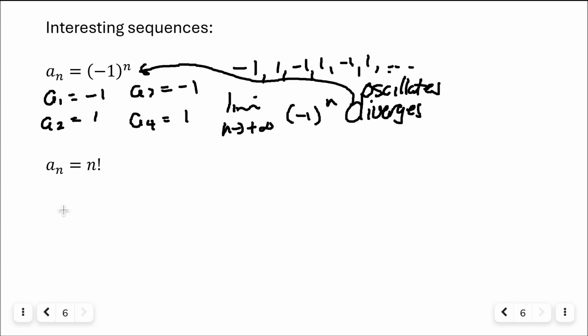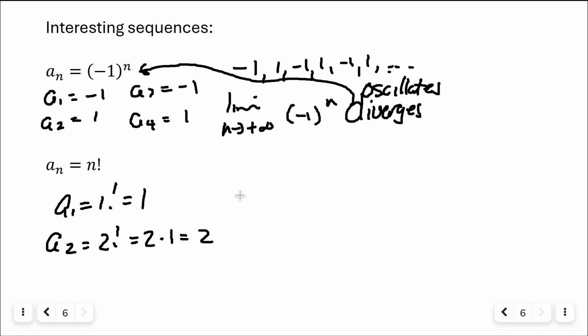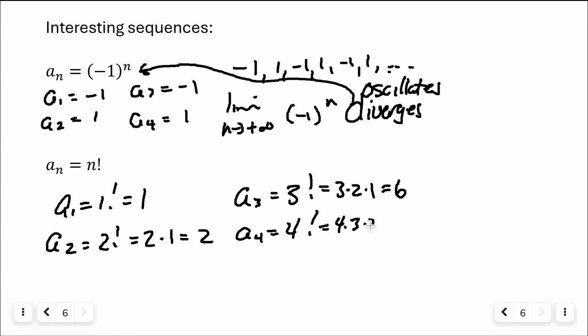And the other interesting sequence that we're going to work a lot with is n factorial. If you remember, if I plug in 1, that's 1 factorial, which is 1. A sub 2 is 2 factorial, which means multiply 2 times 1, and you get 2. 3 factorial is 3 times 2 times 1, that's 6. The fourth term would be 4 times 3 times 2 times 1, so that's 12 times 2, that's 24.